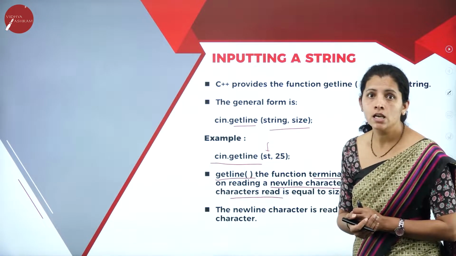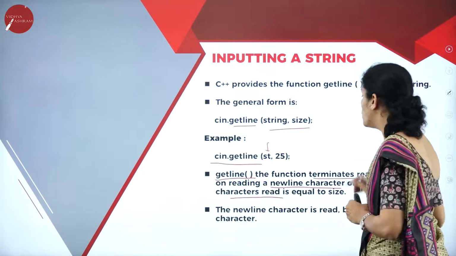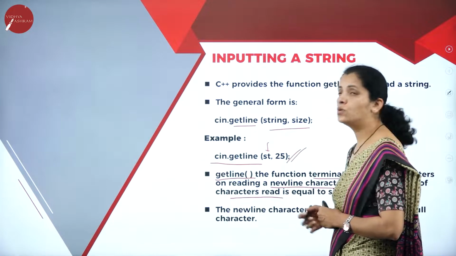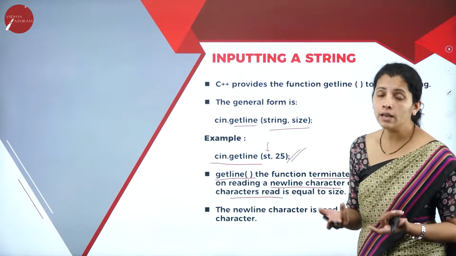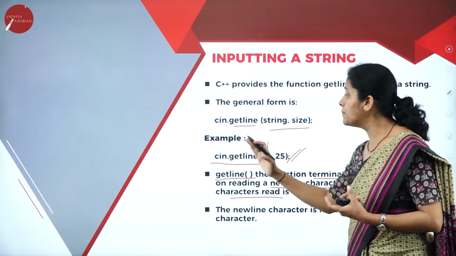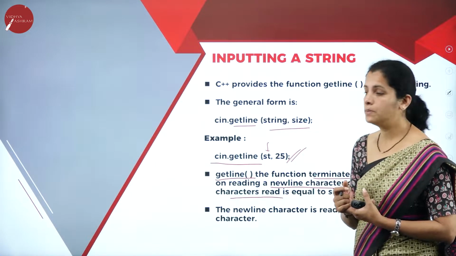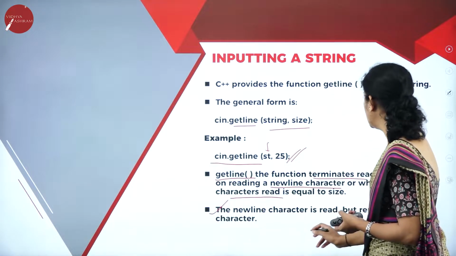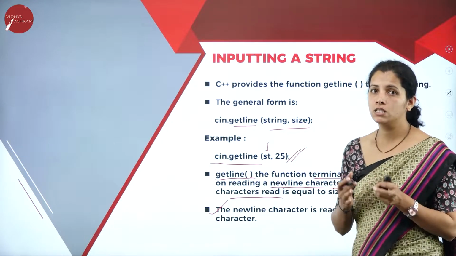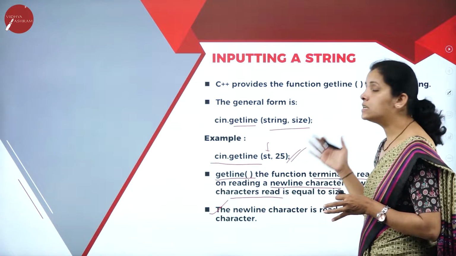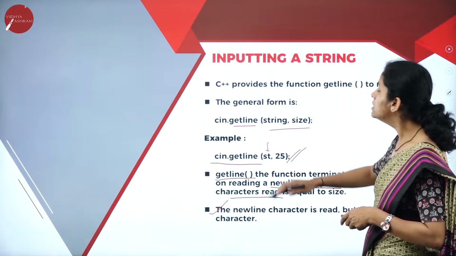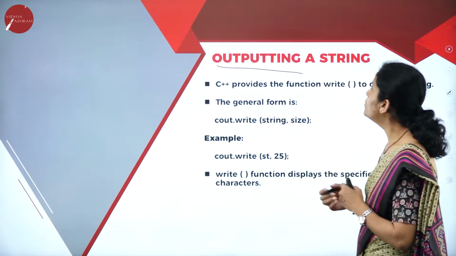When I read a new line character or when I read the input that is equal to 0, at that time this getLine function gets terminated. The new line character is read but replaced by the null character. That means in certain situations, if the new line character is read, then it is replaced by the null character.